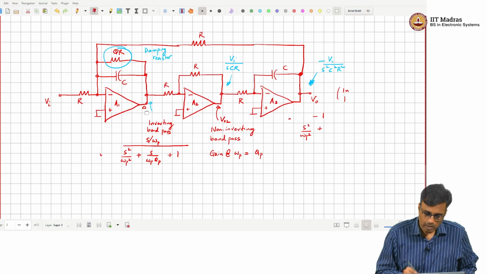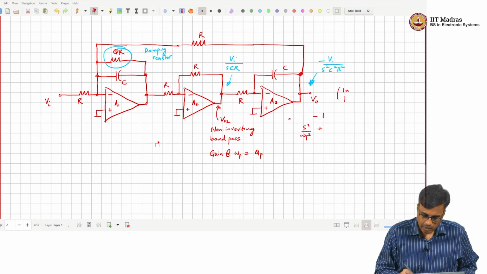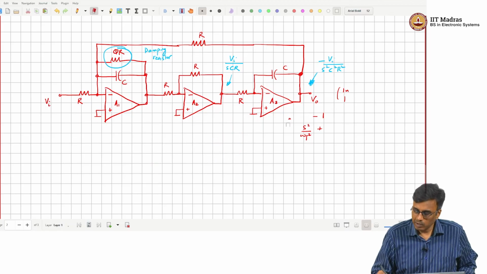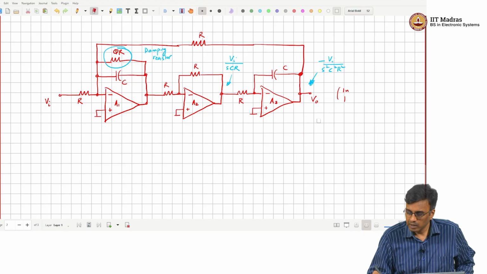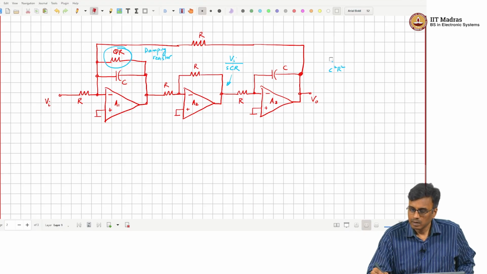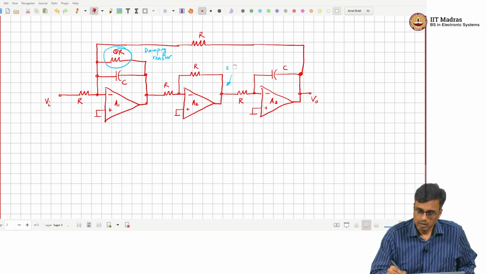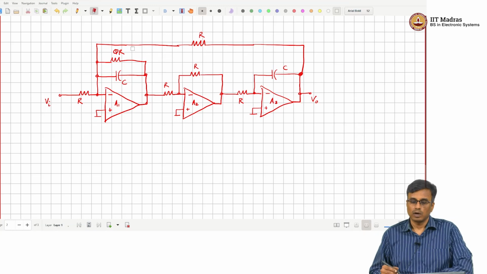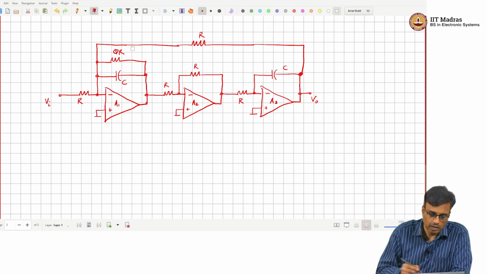Okay, now let me derive another structure which is fairly commonly used on account of the lesser number of components, lesser number of op amps actually.